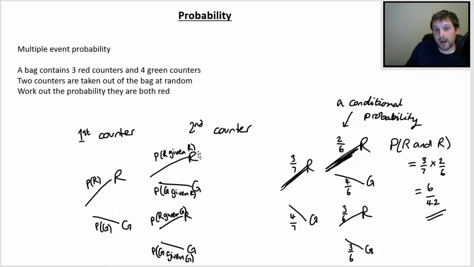And since all of these pathways can't happen at the same time, they're all mutually exclusive, you just add the probabilities at the end. That's by direct consequence of that OR formula. But what I need to show you is, why do we multiply across in a probability tree? So that's what we're going to do now.